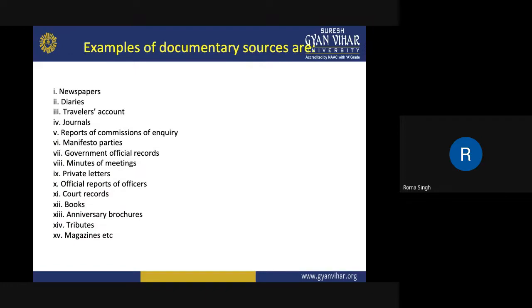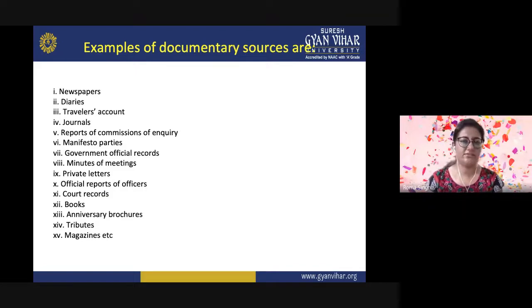These are the examples of documentary sources, like newspapers, diaries, travelers' accounts, journals, reports of commissions of inquiry, manifestos of the parties, government official records, and minutes of the meetings when they are prepared while going on with the meetings, private letters like letters written by our past Prime Minister Jawaharlal Nehru to his daughter Indira Gandhi.